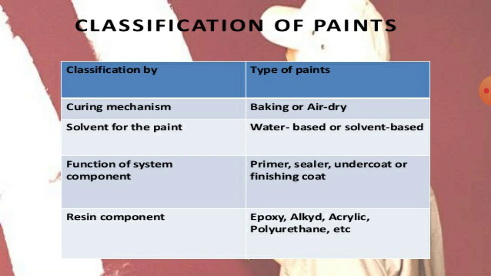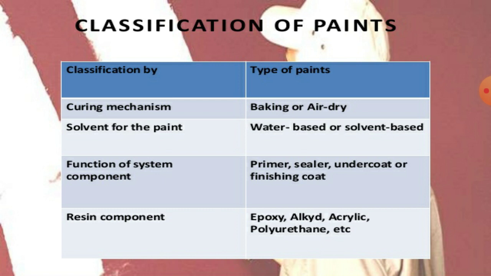The classification of paints. Classification by the curing mechanism: baking or air dry paints are used. Solvent for the paint: water based or solvent based paint is used.